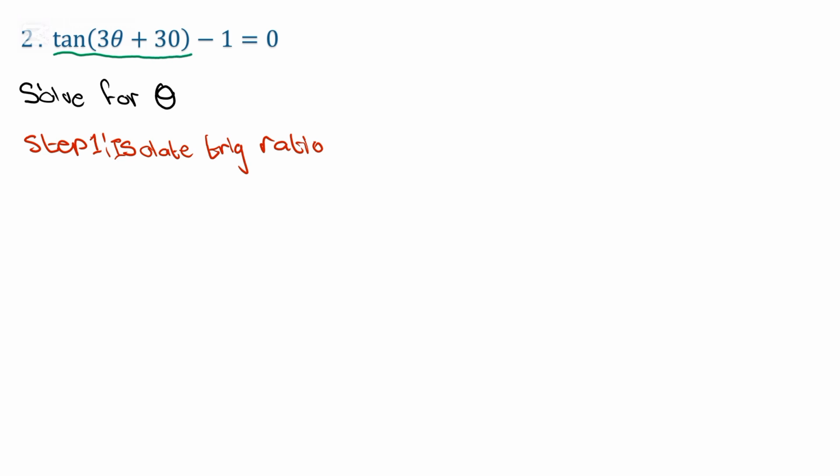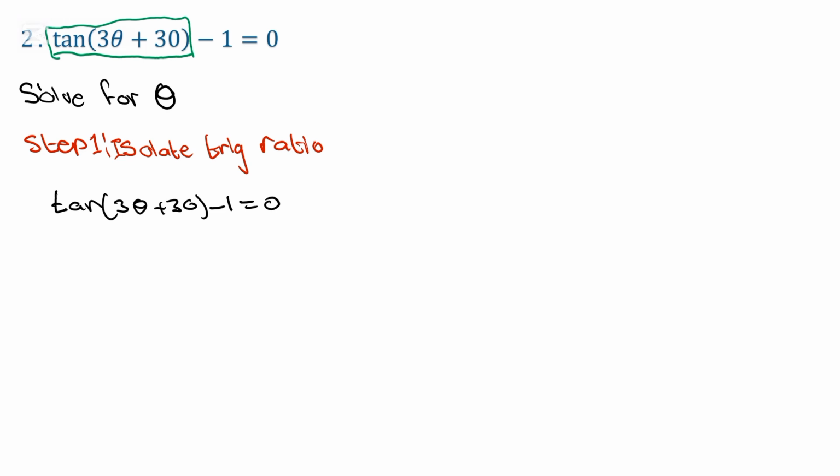This is your trig ratio, so you must isolate it. In other words, you need to put it on one side alone. So tan(3 theta plus 30) minus 1 equals 0.